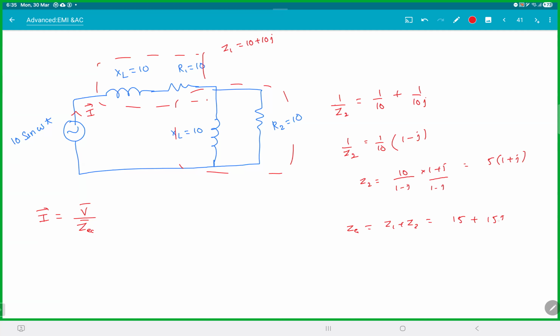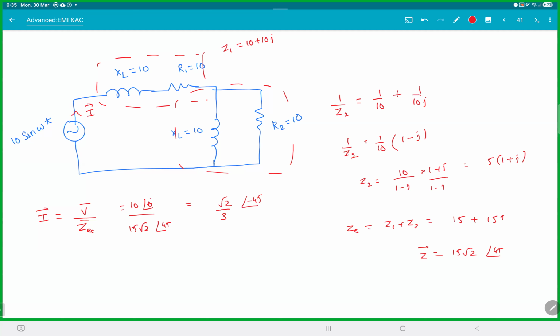Not bad. So Z equivalent ka phasor form will be 15 root 2 angle 45. So this guy will be 10 angle 0 by 15 root 2 angle 45. That would be 2 by 3, so that's root 2 by 3 angle minus 45. This is the current which is flowing in the circuit.